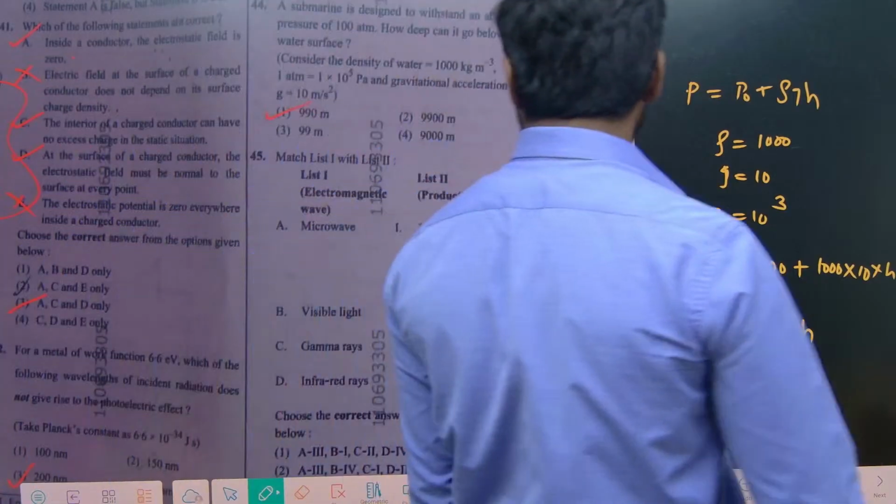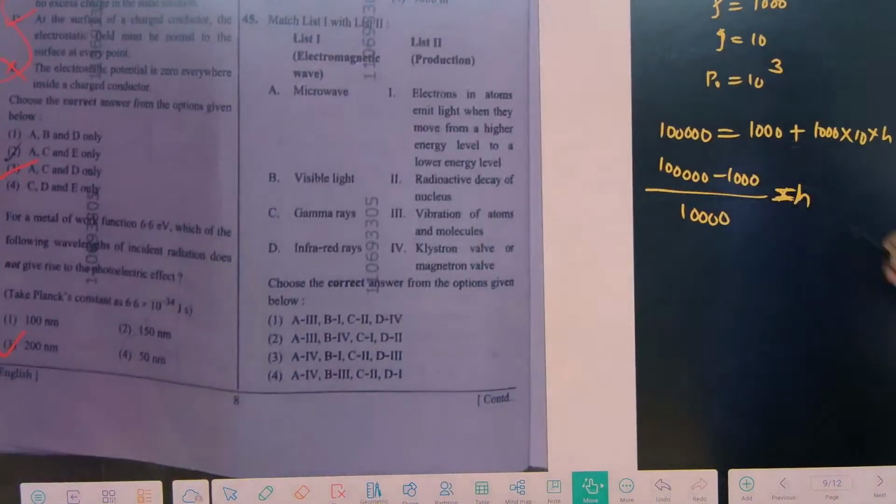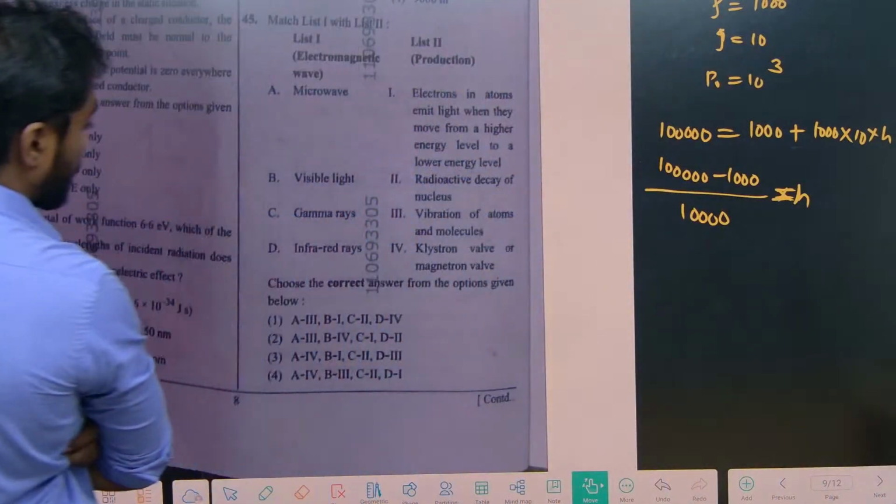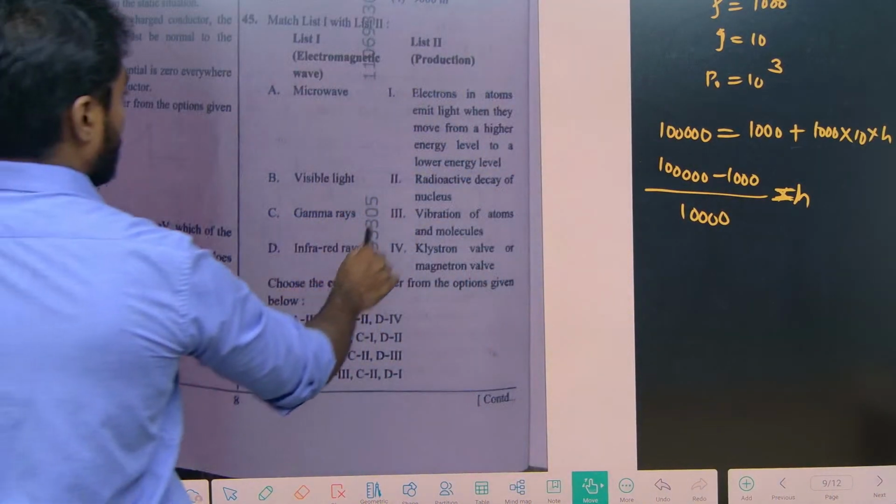And the final question. Again match the following: microwave, visible light, gamma rays, infrared waves. So infrared rays: electrons in atoms emit light when they move from higher energy to lower energy level. Okay, this is the first one.